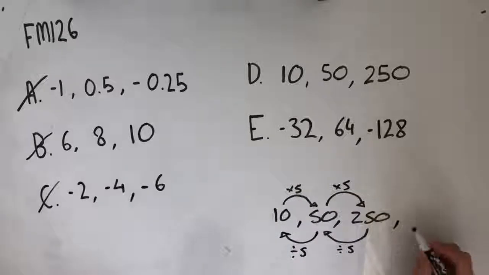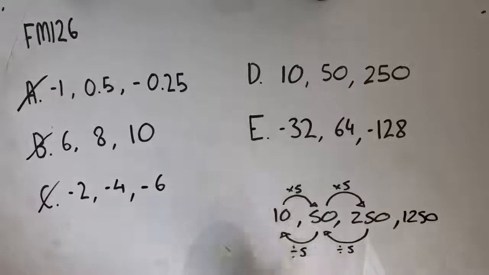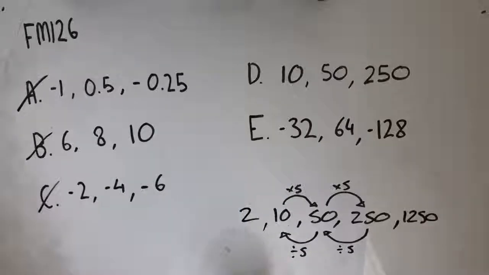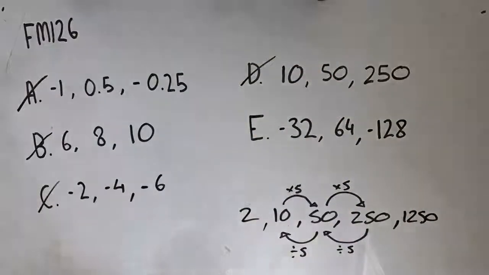So moving out this way, the next term in the sequence would be 1,250. Obviously that's moving in the wrong direction to see if 2 is part of this sequence, so we take our 10 and divide that by 5, and that of course is going to leave us with 2. 2 is also part of this sequence.